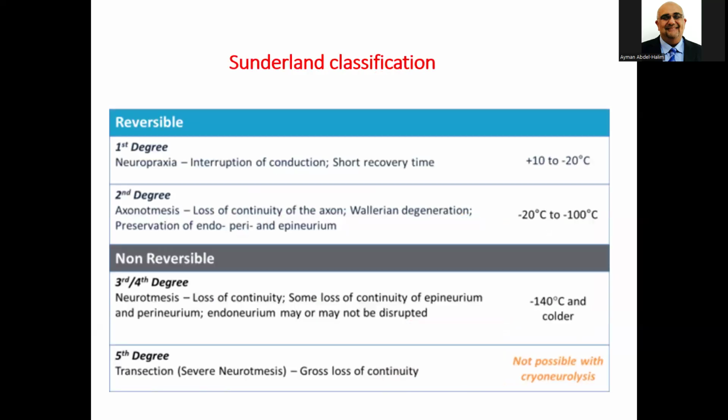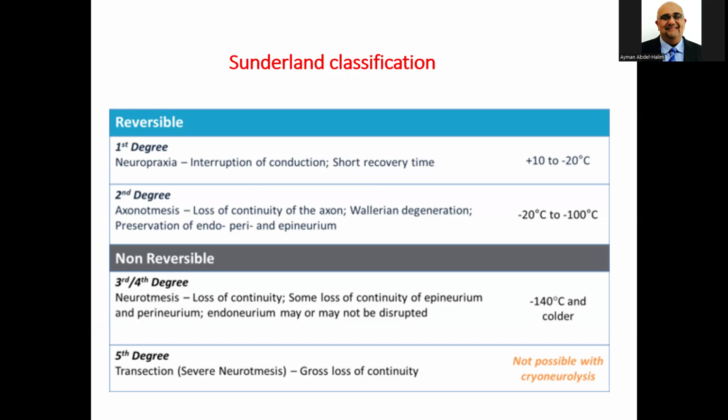So according to Sunderland, we have different degrees of nerve damage. We have first degree, second degree, third, fourth, and then fifth degree. Now with cryoneurolysis, you can have up to fourth degree.